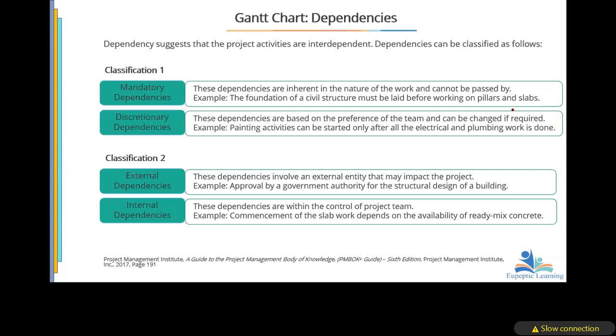Then we have the second classification, where we look at the external dependency and then the internal dependency. Now, external dependencies involve an external entity that may impact the project. In our part of the world, the way things are, but ideally, before you even build your house, you should have invited the engineer to come and check the area.